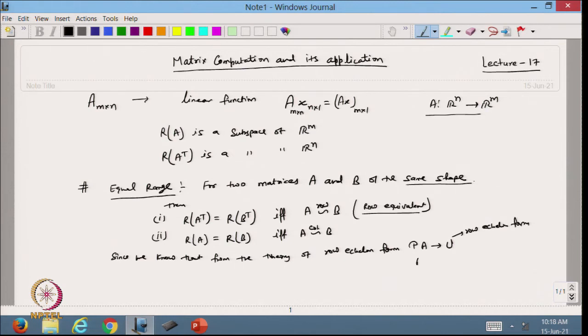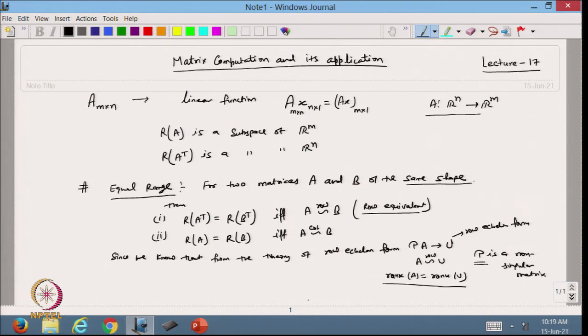Then we say that A is row equivalent to the matrix U, where P is a non-singular matrix. P is basically made up of all the elementary operations that we pre-multiply to the matrix A. This will be clearer in the example. So, A and U are row equivalent, and the rank of A is equal to the rank of U, which we already know.